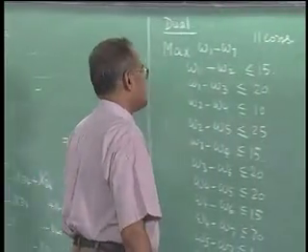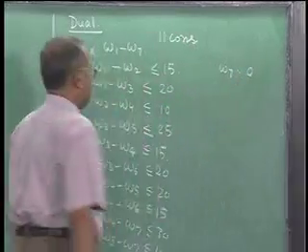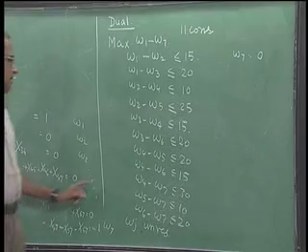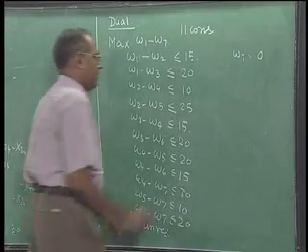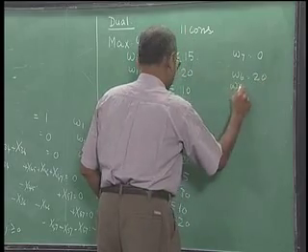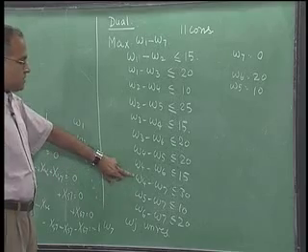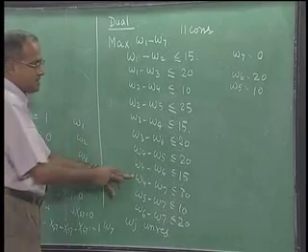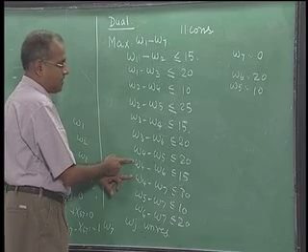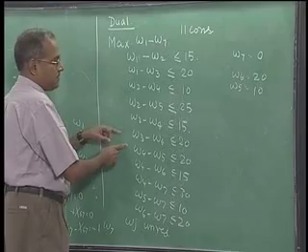Now, with this primal and with this dual, let us try and get a solution to this problem. So, let us start with W7 equal to 0 that we like to put. So, W7 equal to 0 would actually give us from here W6 is 20 and W5 is 10. Now, this would give us W4 less than or equal to 30, less than or equal to 35, and less than or equal to 30.